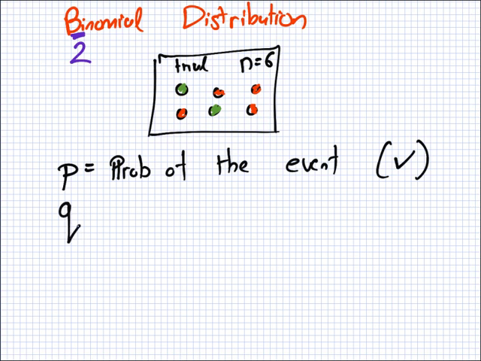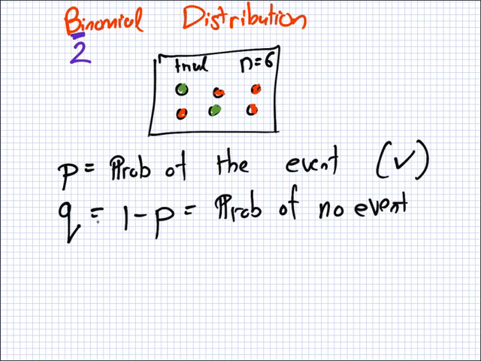Q, which is the same thing as 1 minus P, what do you think that would represent? Yeah, probability of no event. Q just means probability not happening. 1 minus p, that's all it means. It's just short for 1 minus p. You can actually replace q with 1 minus p if you prefer.